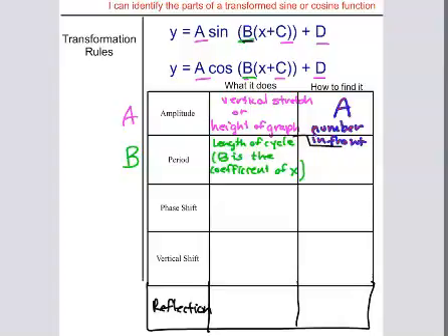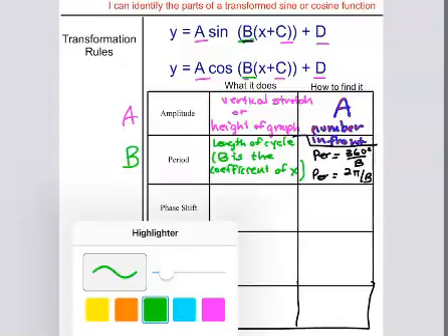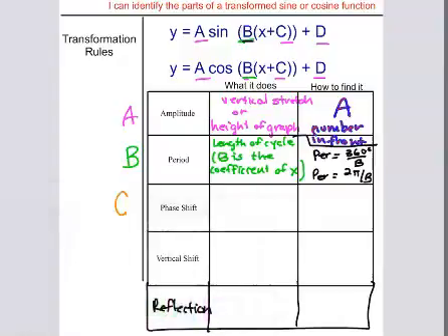The period, like I said before, is equal to 360 over B, or you can think of it as 2 pi over B. Okay, I'm going to go on to the next letter here, C, which is phase shift.